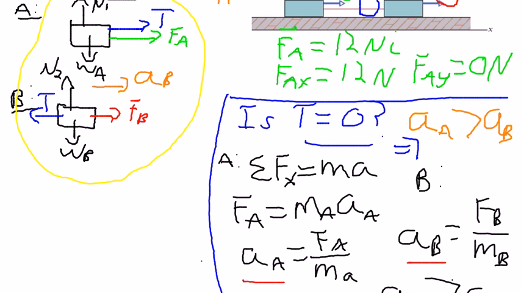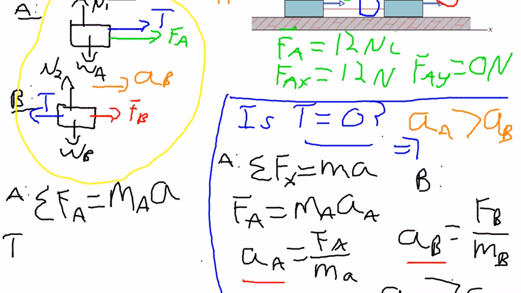So if you start with block A, the sum of your forces for block A will be equal to m times acceleration. Now that we have a tension, we know that they will be accelerating together. So you're going to have T plus Fa equals mass times acceleration for that block.